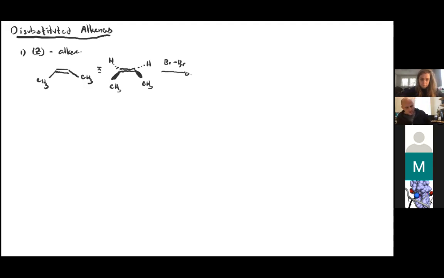Anyway, so we're going to add Br to the bottom or the top, and let me just draw those two possibilities. Okay, so we'll say that attack on the top face, we'll call that A. Attack on the bottom face, we'll call that B. And I'm sort of cheating on the mechanism here. I'm just going to draw one arrow, not explicitly trying to draw the mechanism, just trying to show where the bromine, the Br plus, comes in.